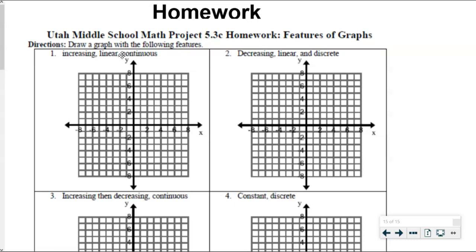Increasing, linear, and continuous. Do I have a volunteer who is brave enough to try it up on the board? Okay, let's go Daxton, give it a try. Increasing, linear, and continuous.